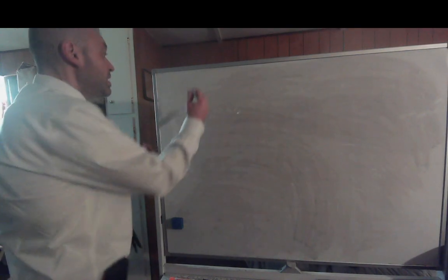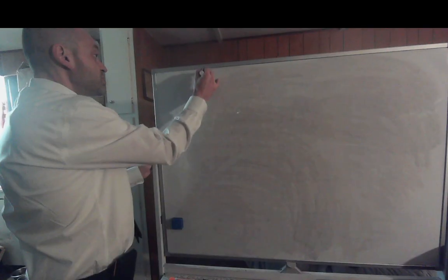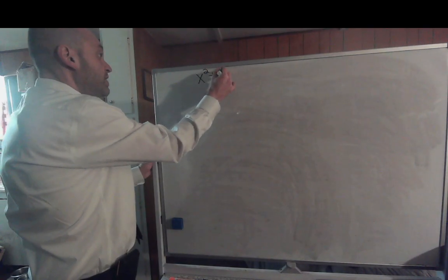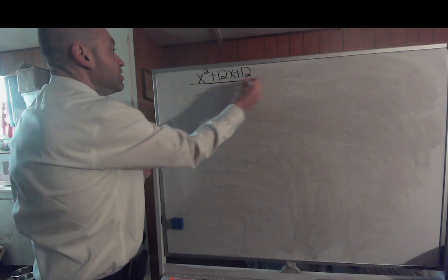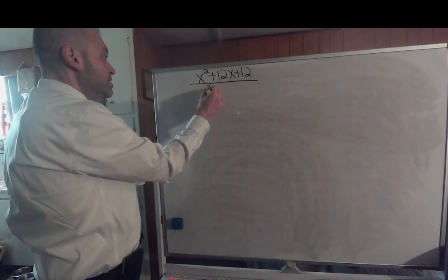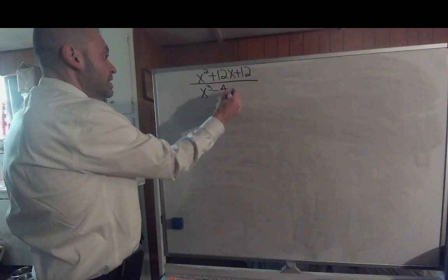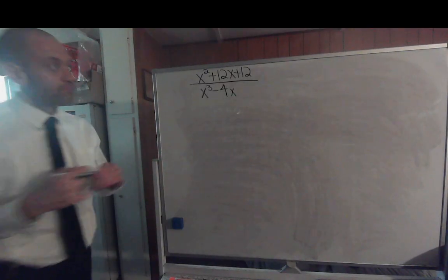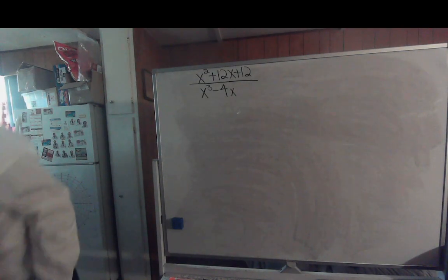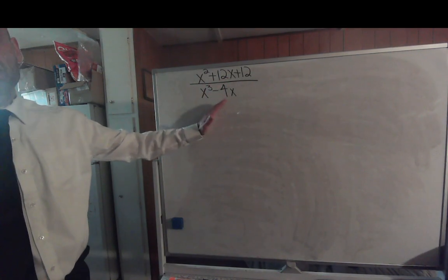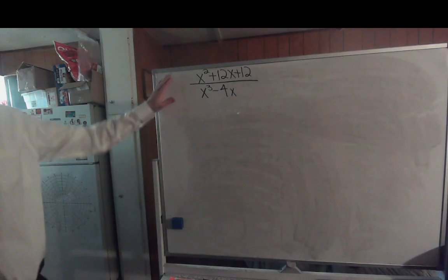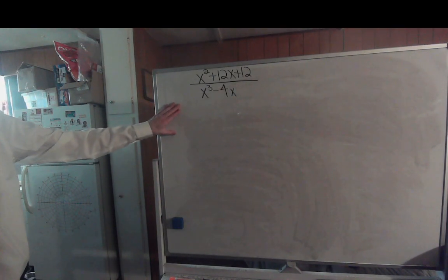So I'm going to have x squared plus 12x plus 12 all over x cubed minus 4x. This will be the last one of non-repeated linear factors.